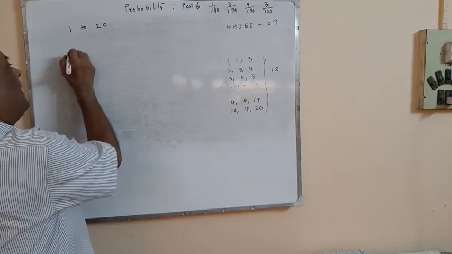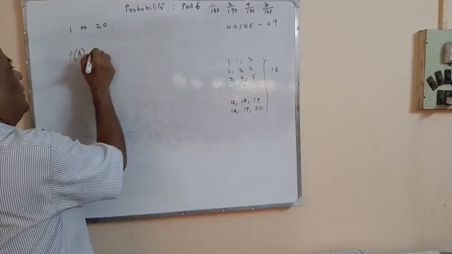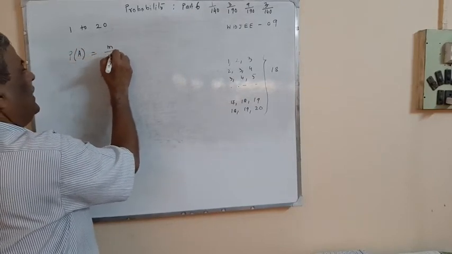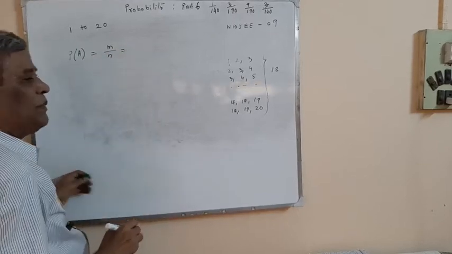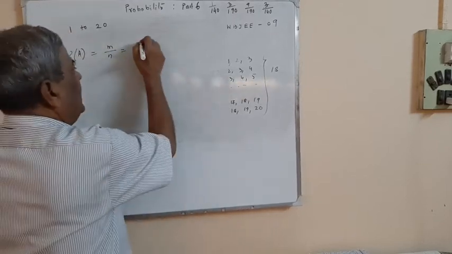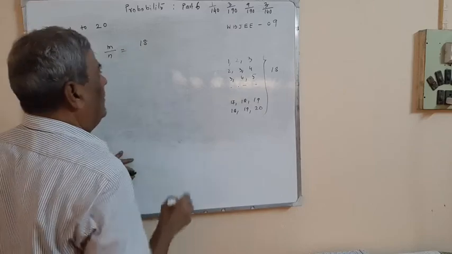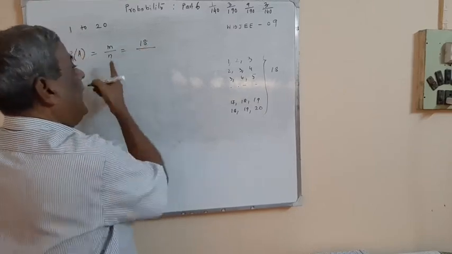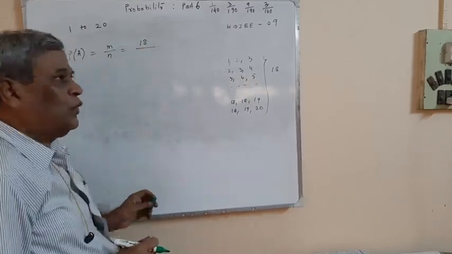If the event is A, then its probability is m by n. M, the favorable cases, we have just seen is 18, by n, all possible ways.